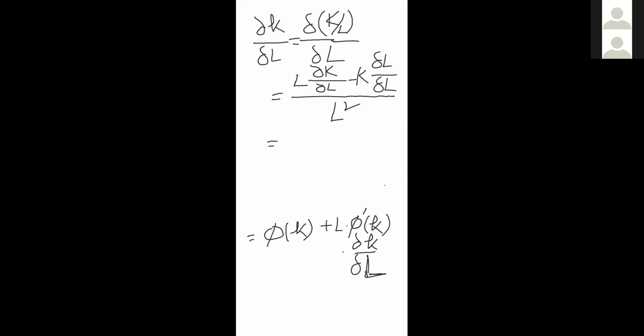So here is del K divided by del L. We are differentiating with respect to L here, so K is constant. For this specific calculation, K is constant because this is partial differentiation and we are differentiating with respect to L. So what would be the value of this term, del small k divided by del L?